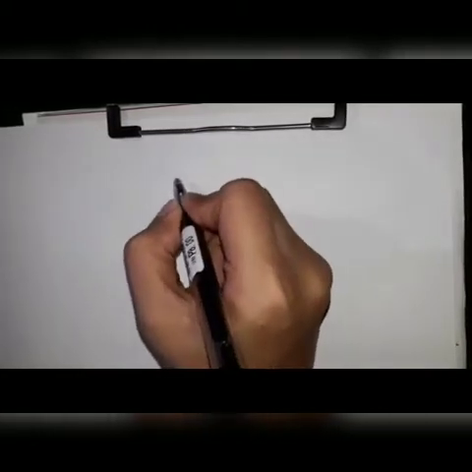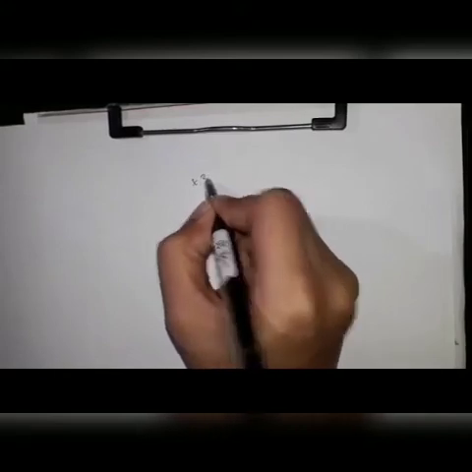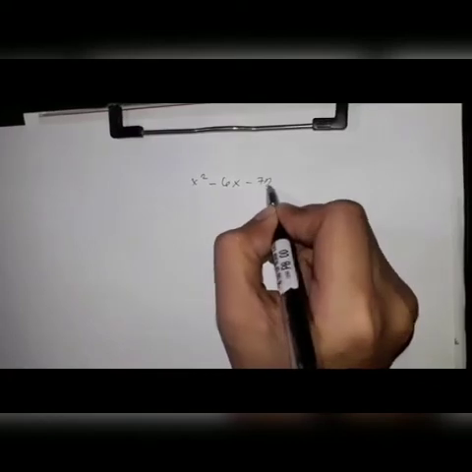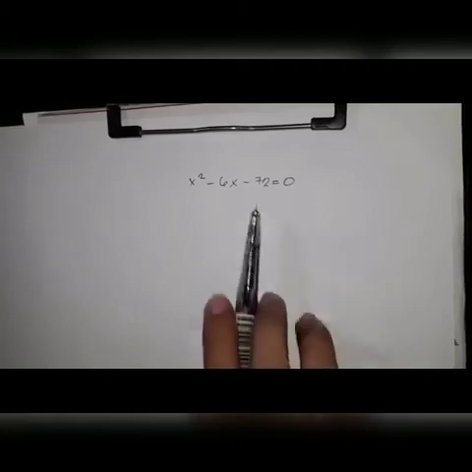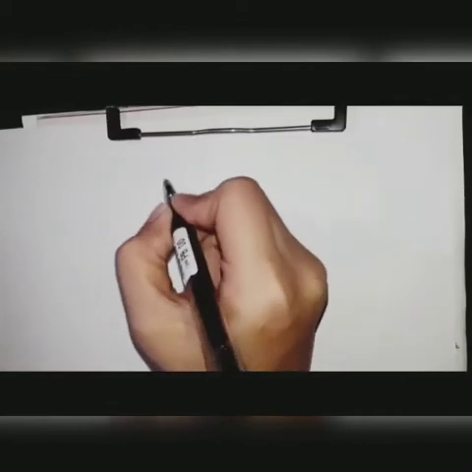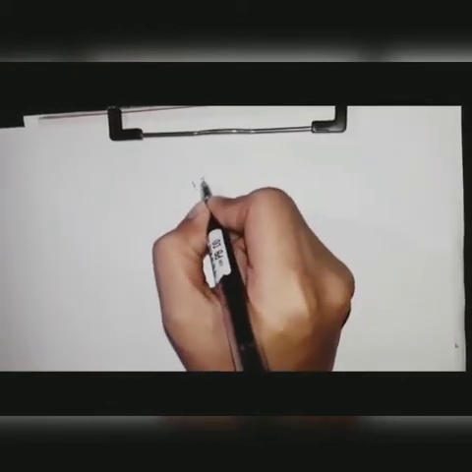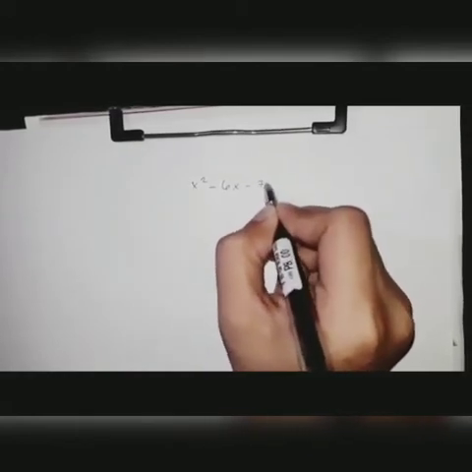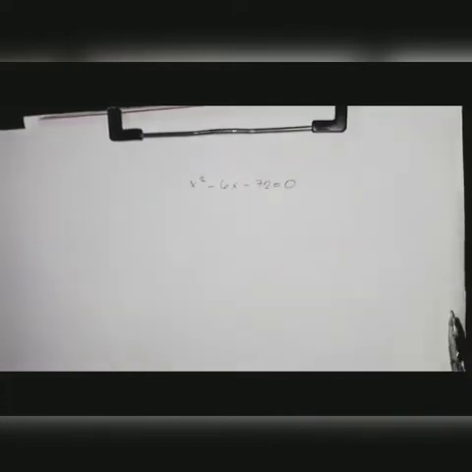For our first example, let us have x squared minus 6x minus 72 is equal to 0.